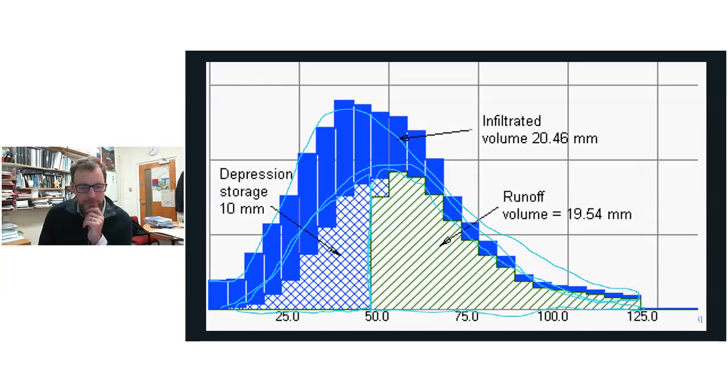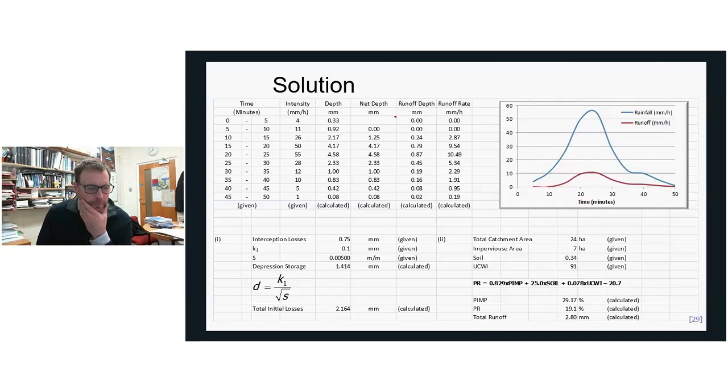So let's look at what I've done. So the first step, so here we are, section 1. I've written a little table down here with all the things that we know. So we know the interception losses, we know K1, we know the slope. Based on that, we can use this equation from the notes which we covered today to calculate depression storage at 1.414 millimetres.